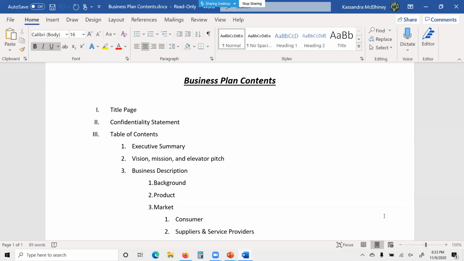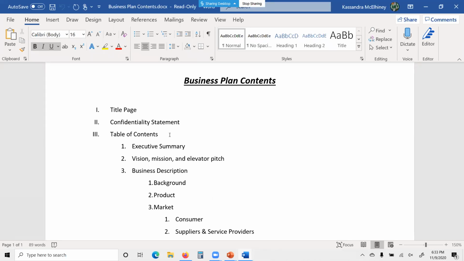So you're going to start off with a title page. Second is a confidentiality statement, which is optional. Thirdly is the table of contents. And after the table of contents, you have an executive summary, a vision statement, a mission statement, and something called an elevator pitch. We'll talk about that in a minute.